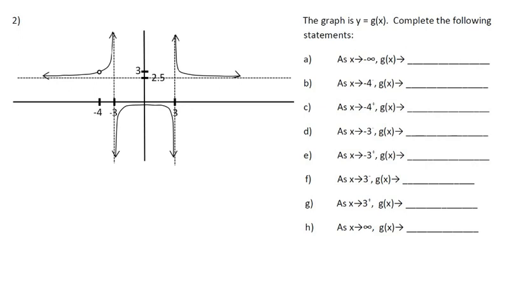Leveling off. Good, it is leveling off. And what y value is it leveling off at? At 2.5. Good. It's getting closer and closer to this dotted line, which, as you can see from the graph, is y equals 2.5.